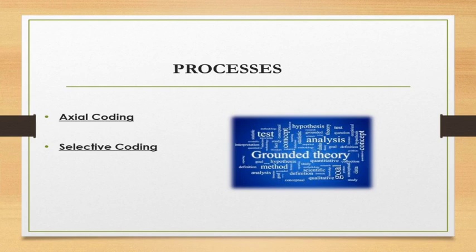The core category you develop in selective coding may come from elevating one of the categories from the axial coding stage, or maybe a new category that you derive based on your other categories. The core category ultimately represents the central thesis of your research.